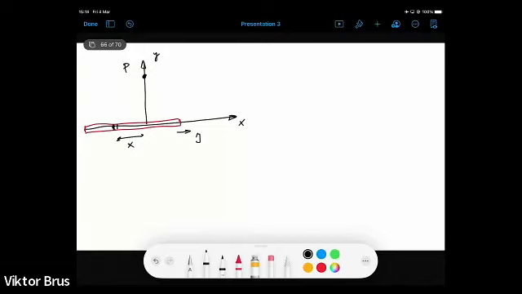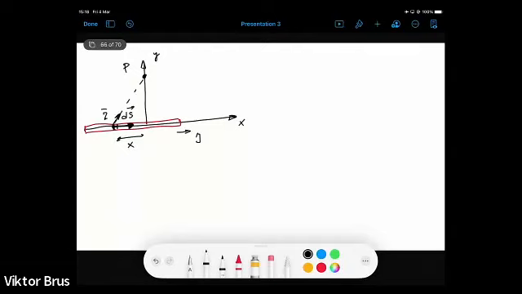Here will be the line which connects this small element, let's call it ds vector, which is oriented along the current. So this is our small element, this ds vector, and this is our r unit vector.